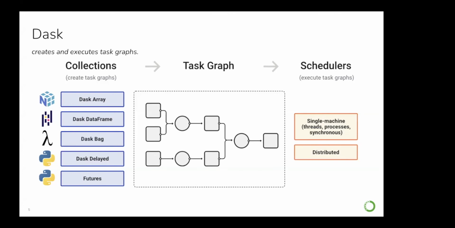The next step in the middle here is the task graph. There's the collections API, which, like I mentioned, allows you to program in the same style as foundational PyData libraries like NumPy and Pandas to create task graphs. And then on the right-hand side, there are the schedulers, the execution engines. Dask started out as a way to do out-of-core computing.